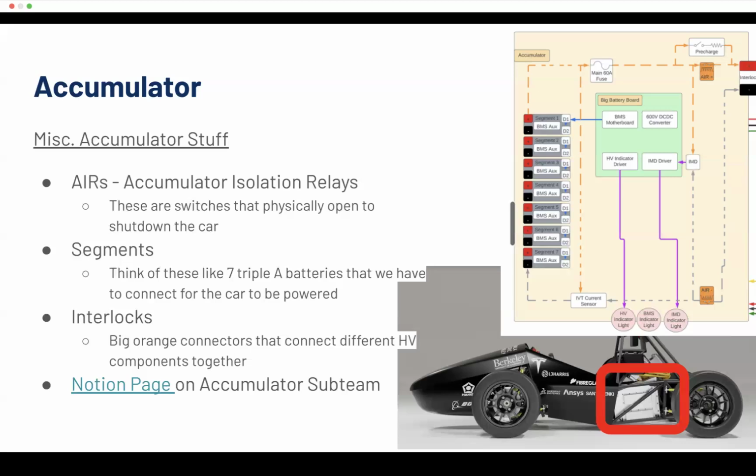We have an entire mechanical and electrical sub team just dedicated to this one piece of the car. Like manufacturing, the manufacturing PM spends a lot of time on accumulator and high voltage enclosures. The chief mechie and the chief EECs spend a lot of time working on accumulator integration.